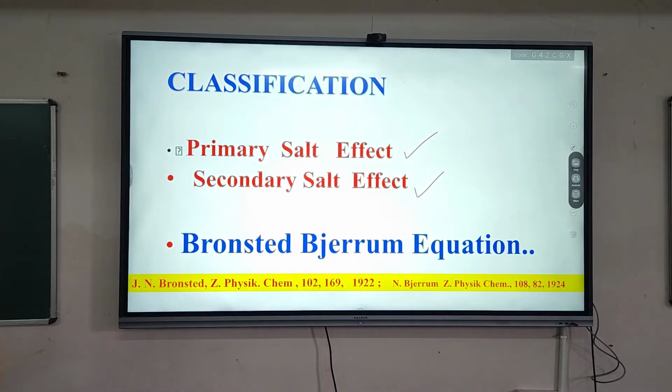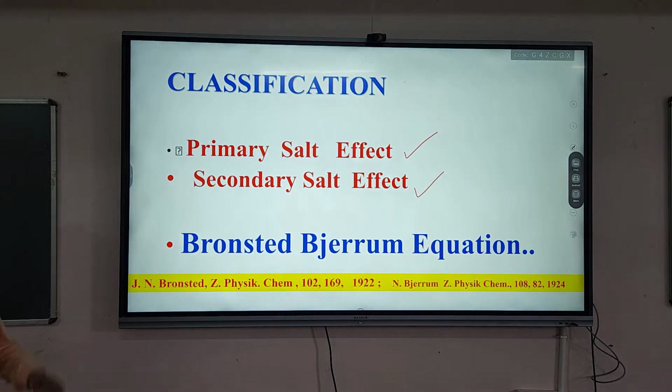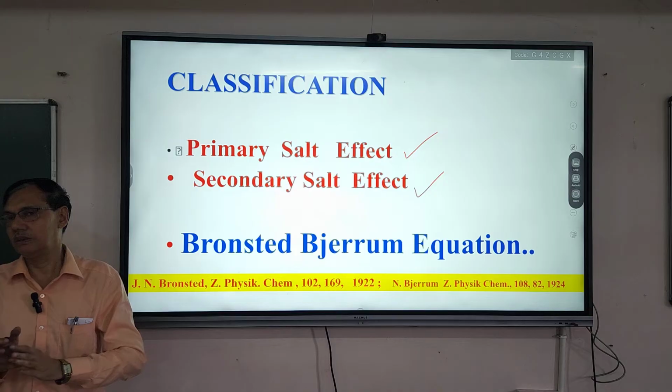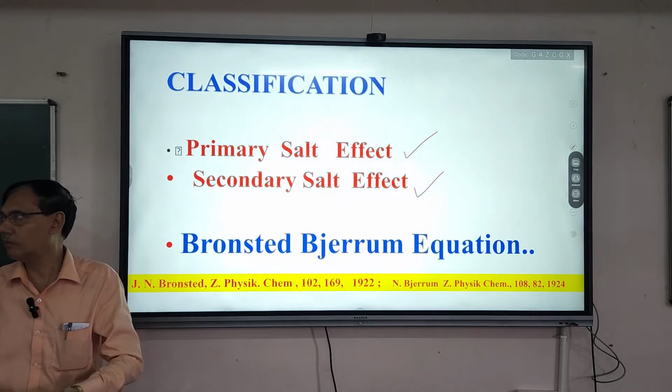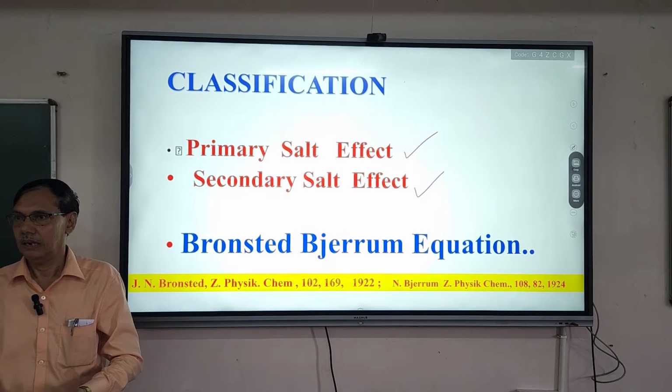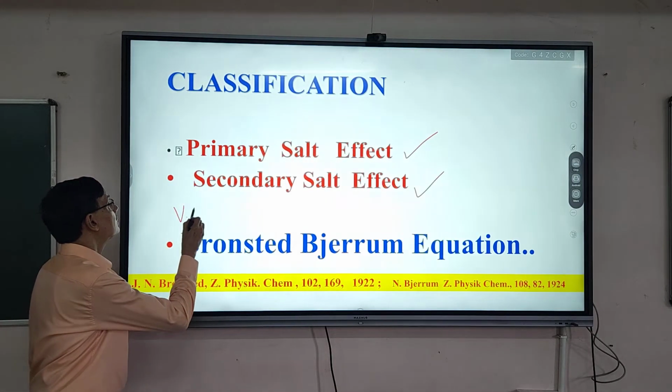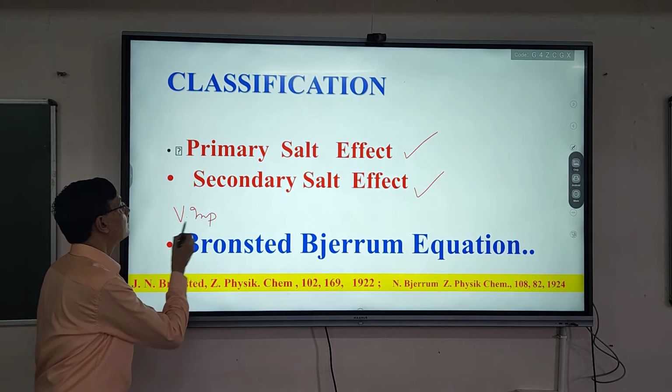And sometimes the equation which is responsible for such type of salt effect, that means if you know that equation, you can predict what would be the possible effect of the electrolytes, and that equation is very important in chemistry.